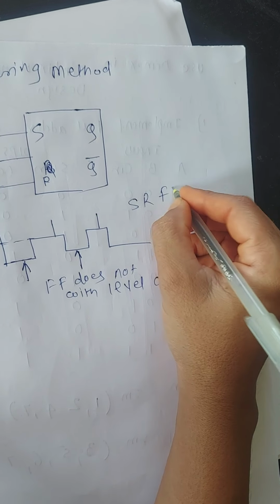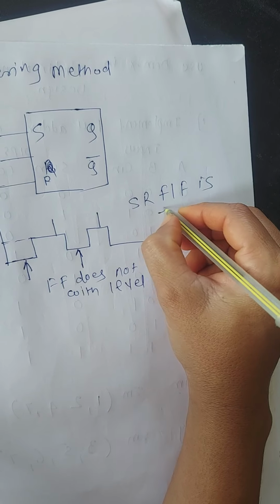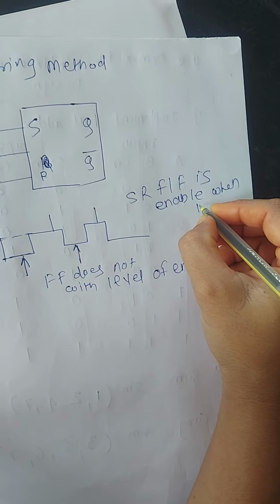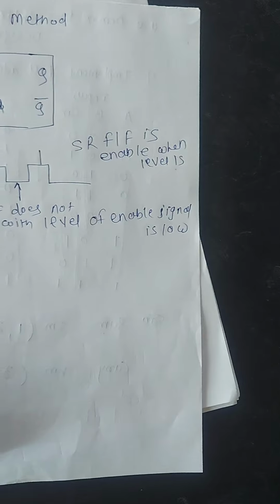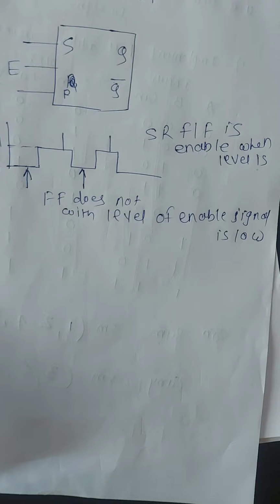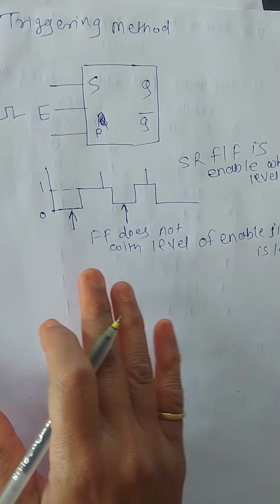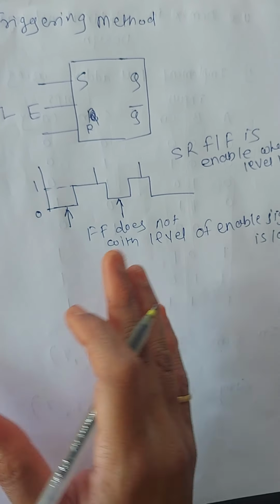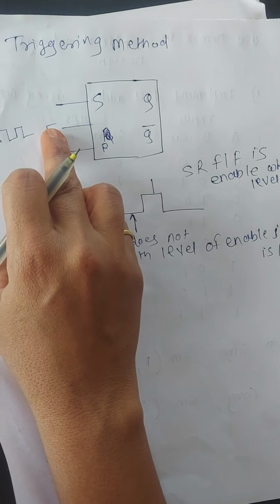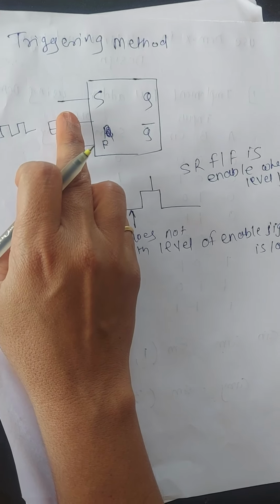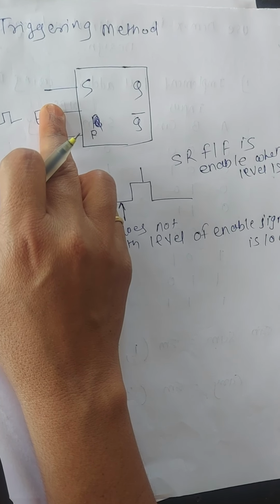The SR flip-flop is enabled when the level is high. From this clock signal, latch or flip-flop circuits respond to change their outputs if and only if the enable signal is held active, high or low level. That is called a level triggered flip-flop.